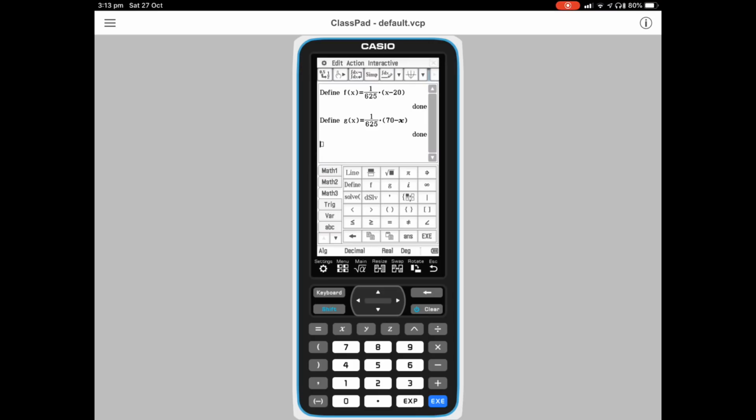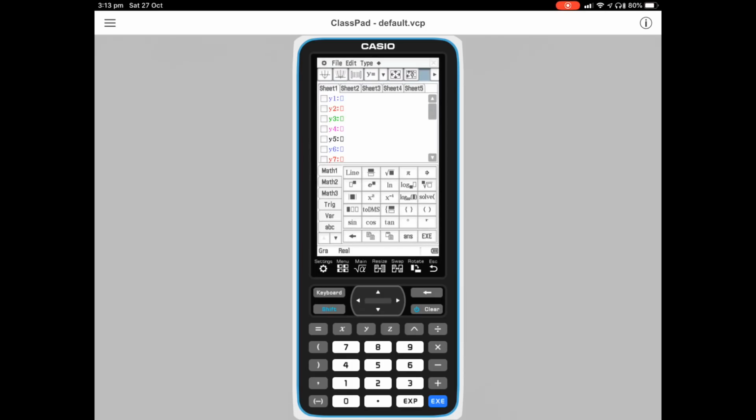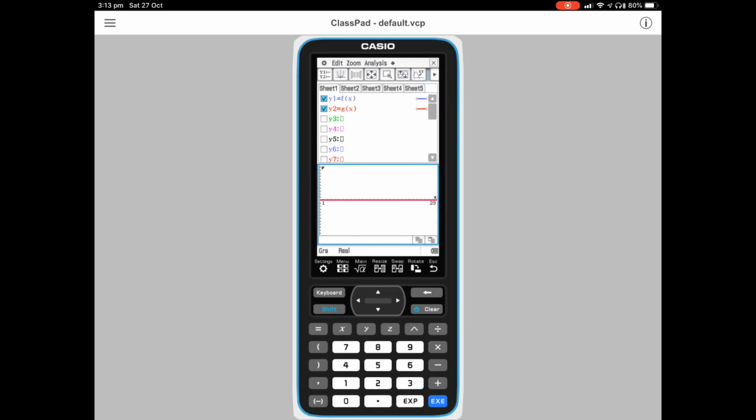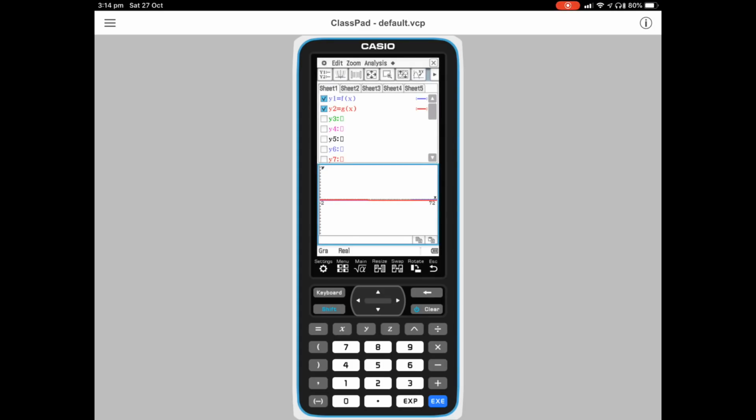Okay, I'm just going to sketch them to make sure they're right. A couple of minutes at the start sketching them can save you a lot of time if you've stuffed something up. What do we want it between? 0 and 75, we'll say. Zoom auto.